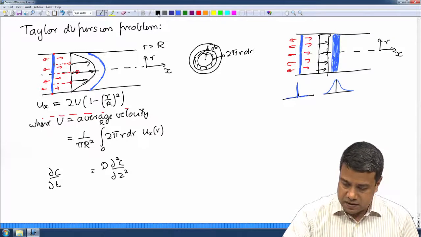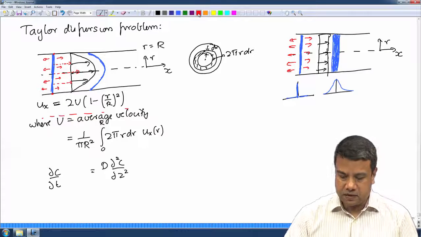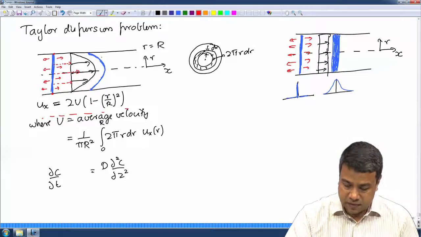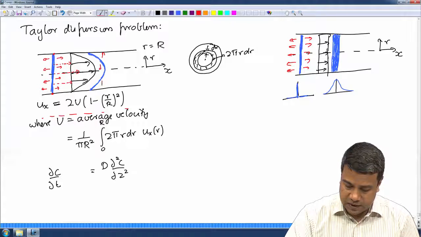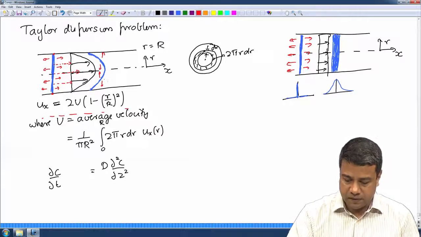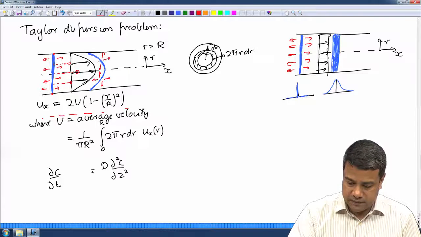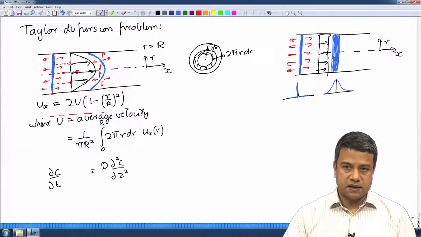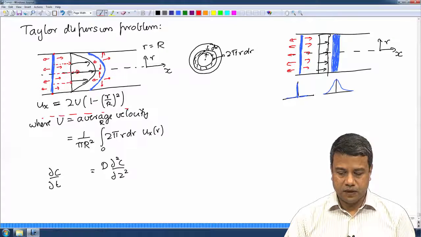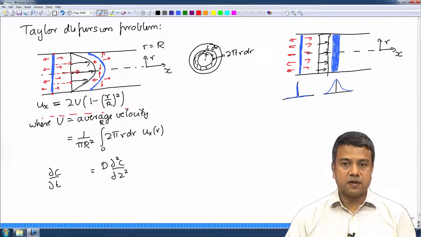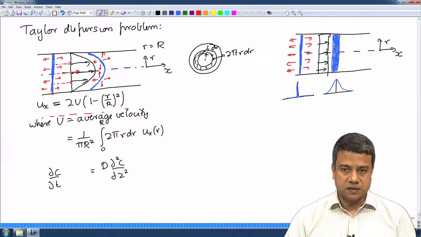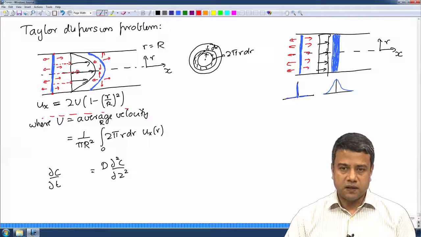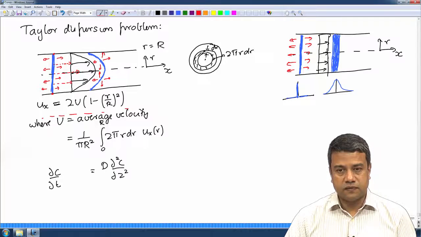In this case, since the plug has now been distorted, there can be diffusion not just in the axial direction, but also in the radial direction. From this plug you will have diffusion in all directions. So there will be radial diffusion as well as axial diffusion, and that happens because the mean velocity has distorted this plug and changed its shape in such a way that axial diffusion is important.